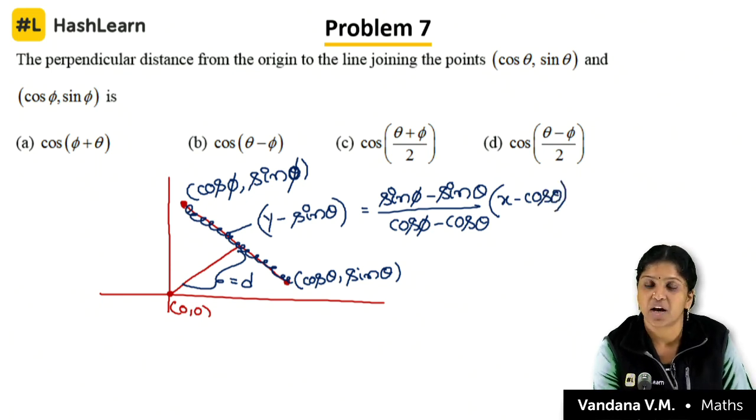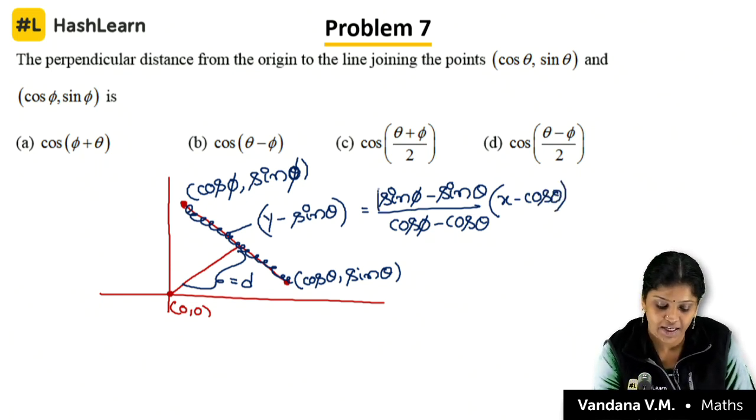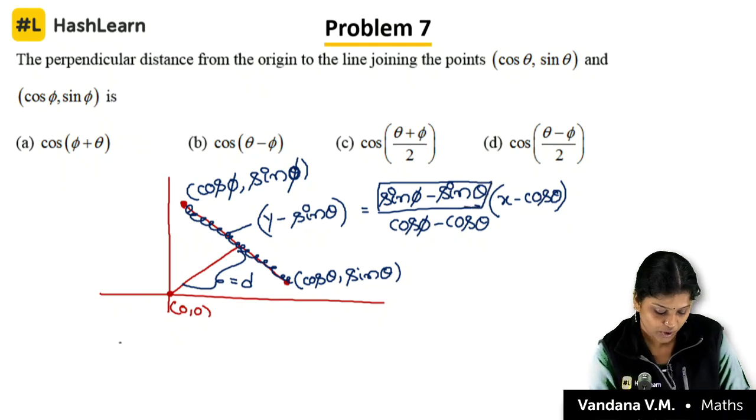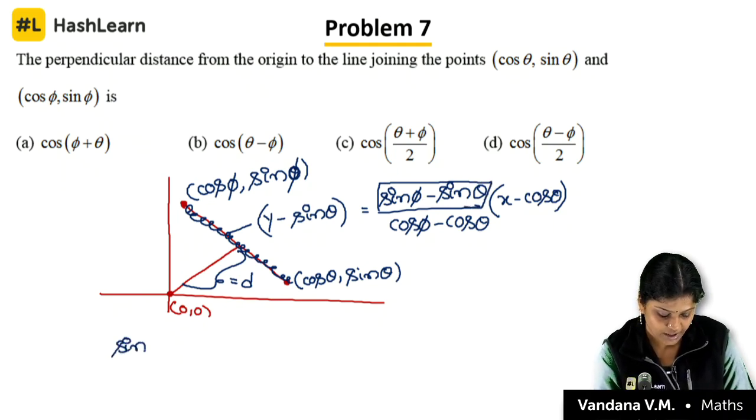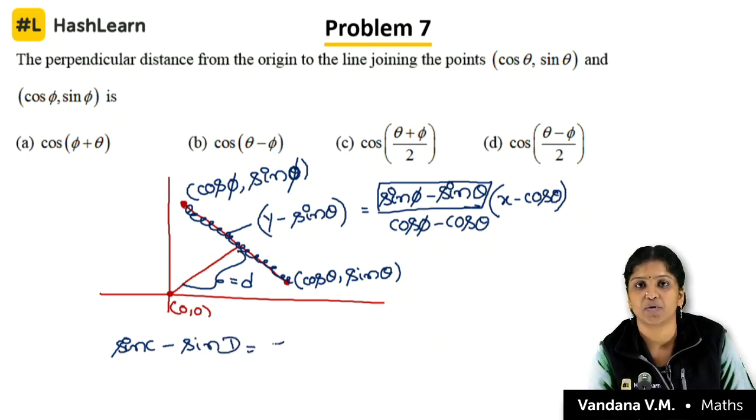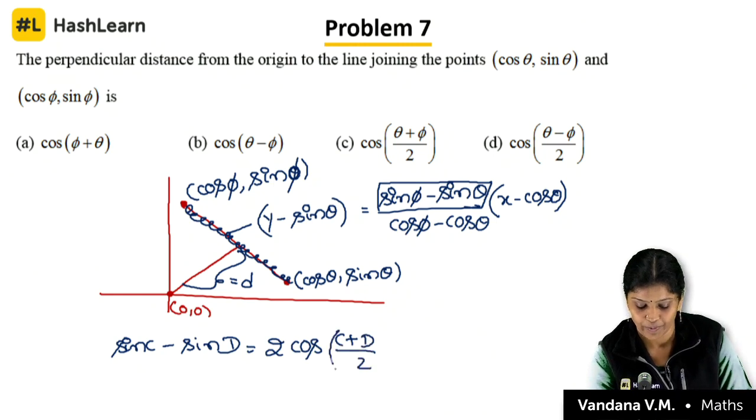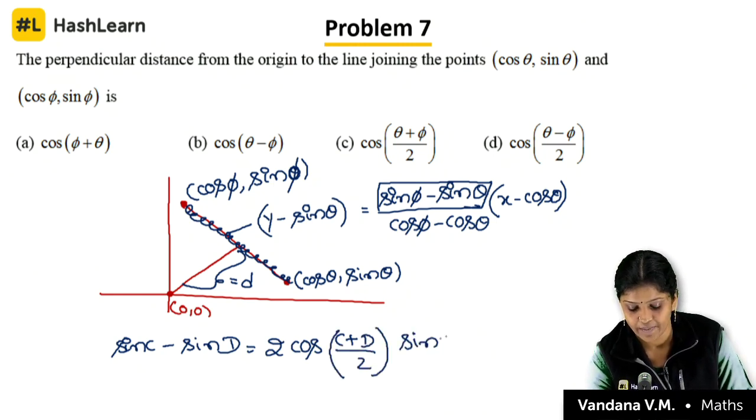See children, now it is looking like sin C minus sin D. What is the formula for sin C minus sin D? It is 2 cos C plus D by 2 sin C minus D by 2.